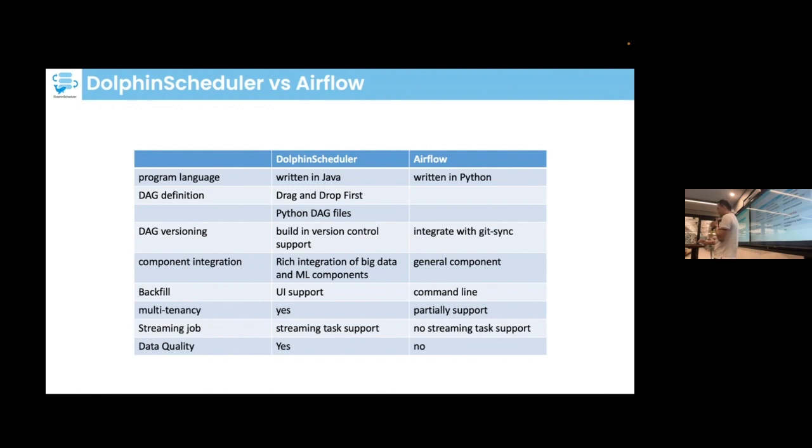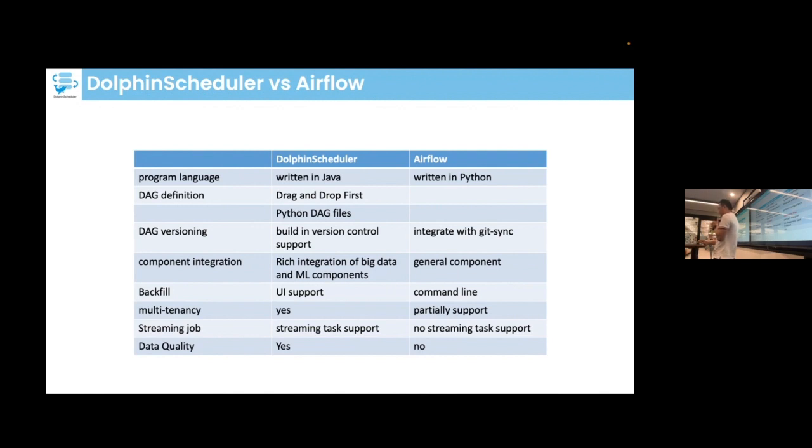The other feature I want to highlight is that as a data engineer, sometimes we need to backfill our data pipeline. If you're using Airflow, you can only do it using the command line, while DolphinScheduler has UI support for backfill.